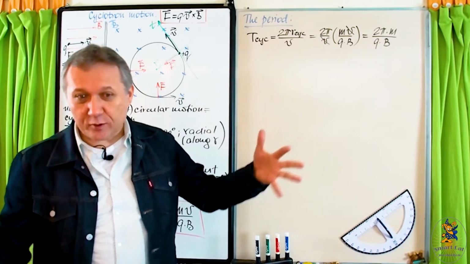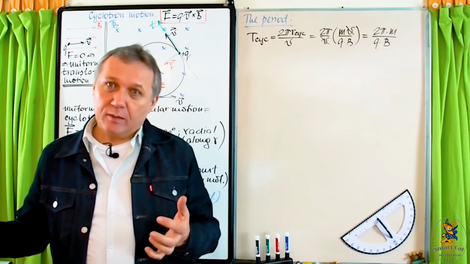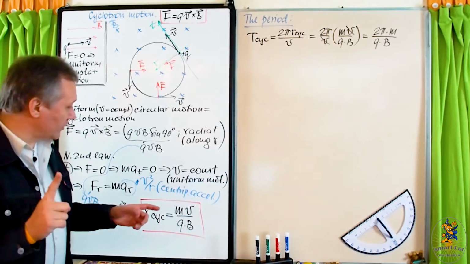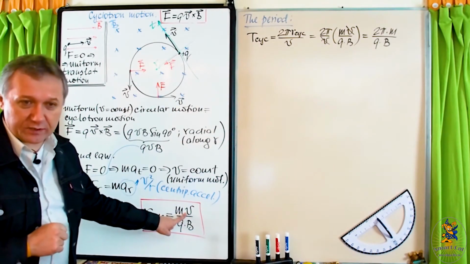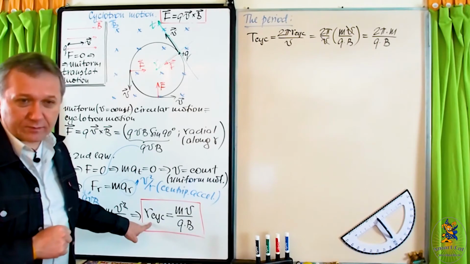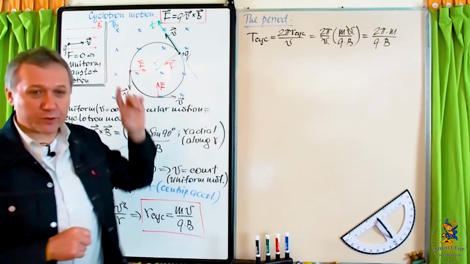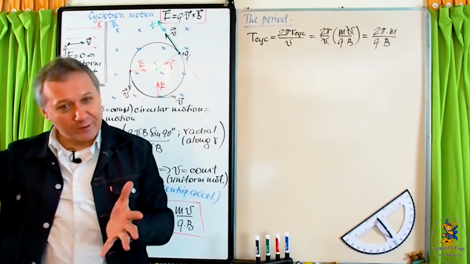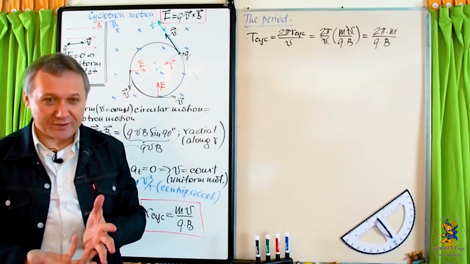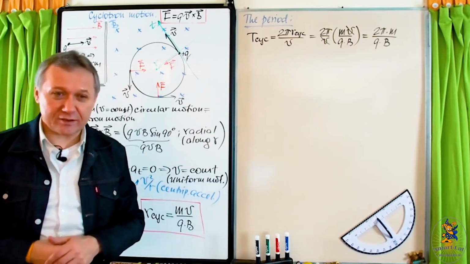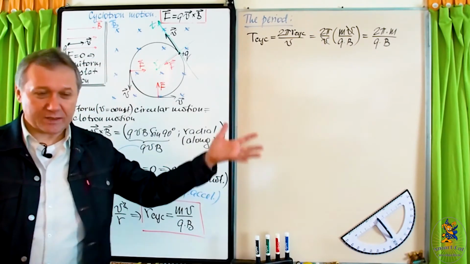How come? If the particle, let's say, moves fast, if v is large, the speed is large. Look, if speed is large, it's in the numerator, so the cyclotron radius is going to be large. So this circle is going to be large, and as a result the distance traveled by the particle is going to be larger. So speed is larger, distance is larger, and you have a travel time, let's say, 5 seconds.